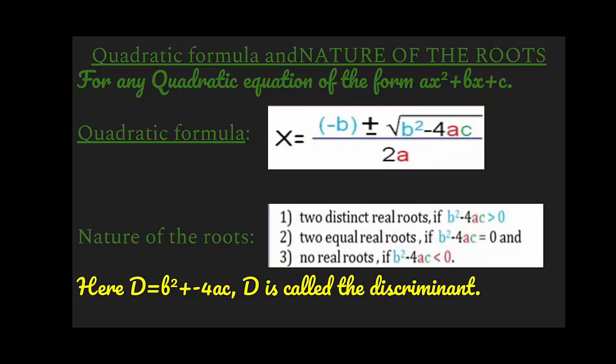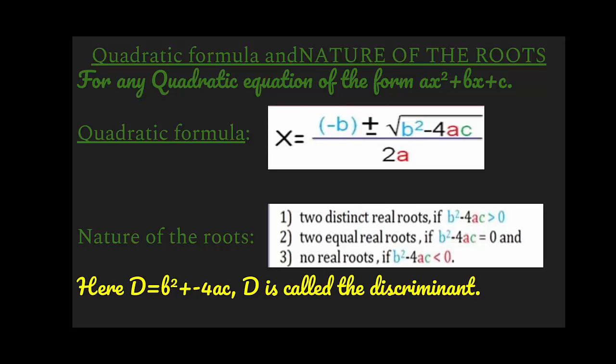Now nature of the roots: the first one is if b square minus 4ac, the term inside the root, is greater than 0, then it will have two distinct real roots. If b square minus 4ac is equal to 0, it will have two equal roots. If b square minus 4ac is less than 0, that is negative, it will have no real roots.